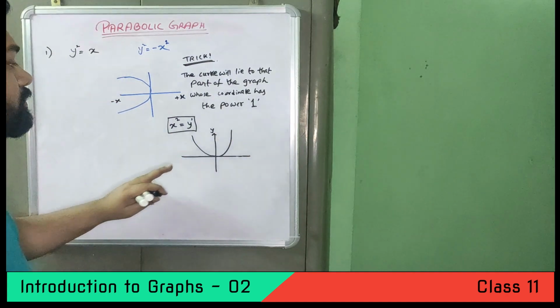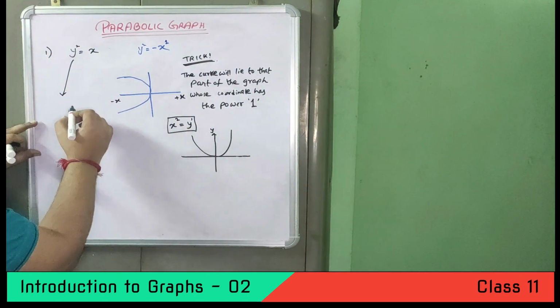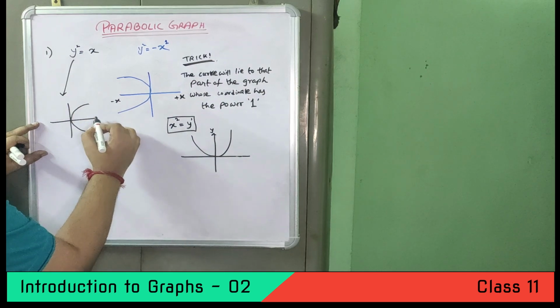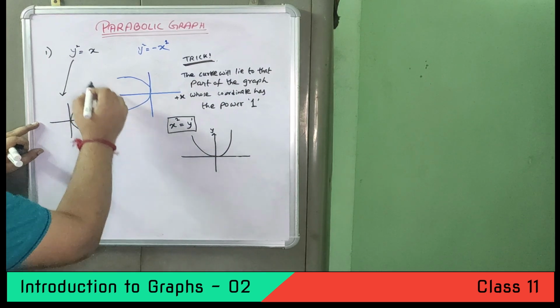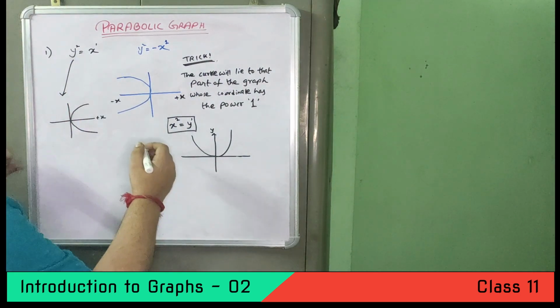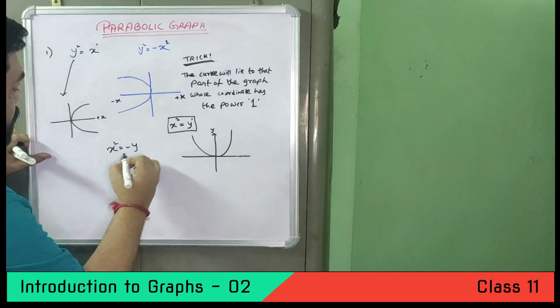It will be like this, that is in the positive y direction. And for this equation I have already solved. The nature of the curve will be like this, that means in the positive x direction, as the x value has the power 1. And similarly another one will be there for x equals minus y.